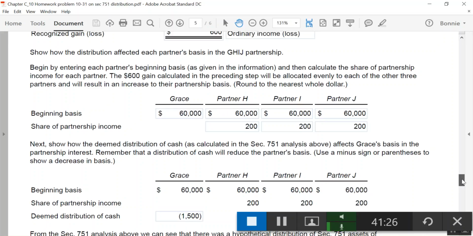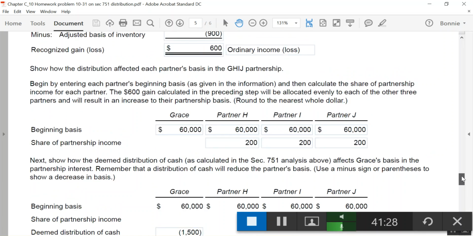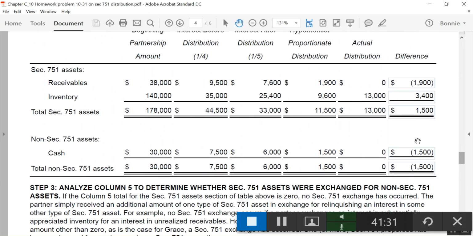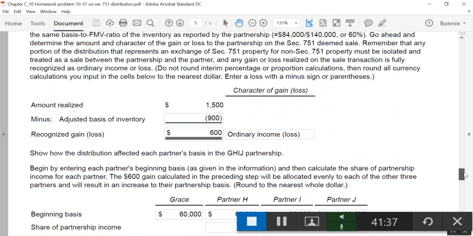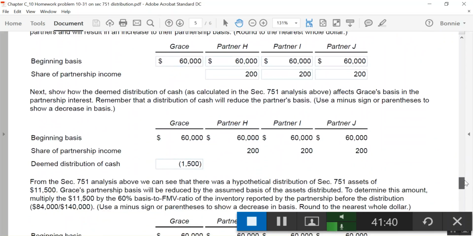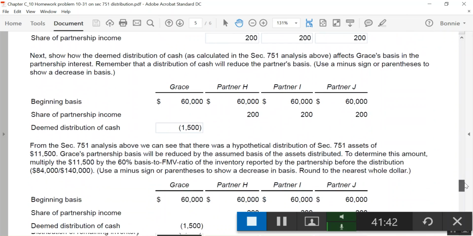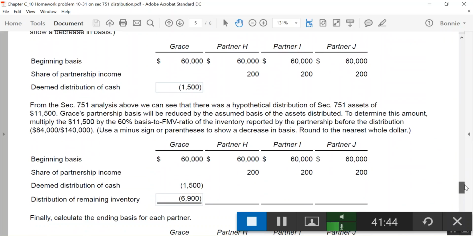First, she's deemed to have a distribution of cash. Up here, this is a deemed distribution of cash of 1,500, so that's a reduction to her basis. Then she's deemed to have a distribution of inventory, and now you have to calculate what that inventory distribution is.